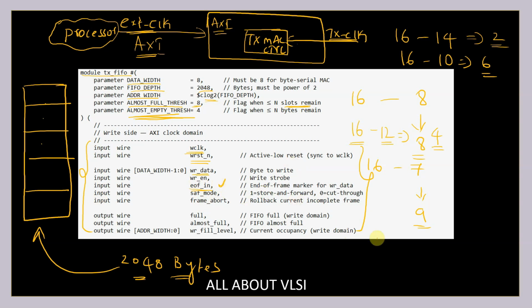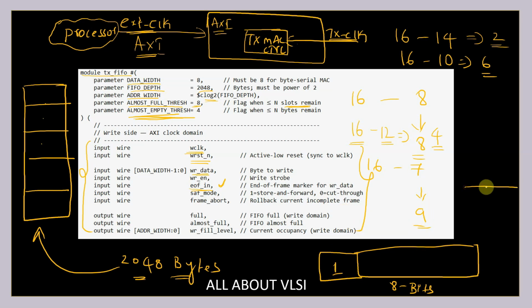And for that, what we are going to do is, if this is my byte of data which is of 8 bits, to the last byte the processor is going to take one more extra bit and make the MSB 1. Whatever the remaining bytes before this last byte, the MSB will be equal to 0.